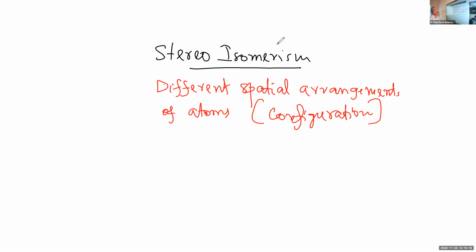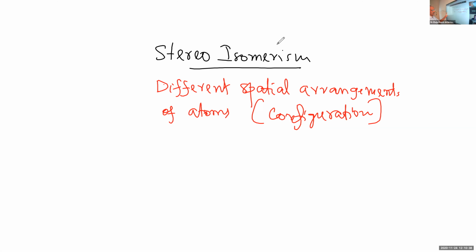In that case, we have to consider the exact positions of the atoms in space, the directions of the covalent bonds, the bond angles.